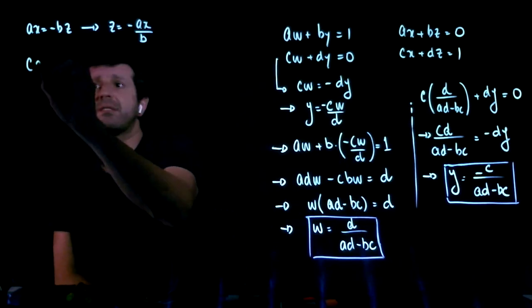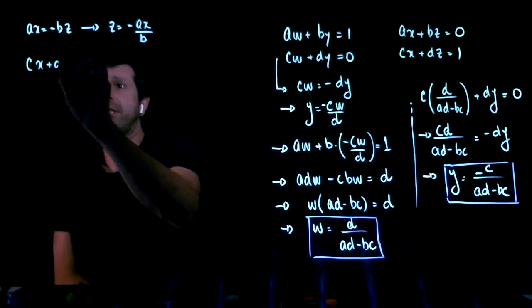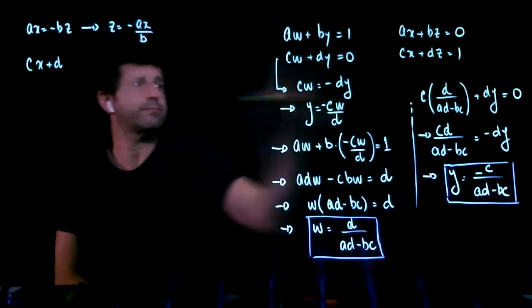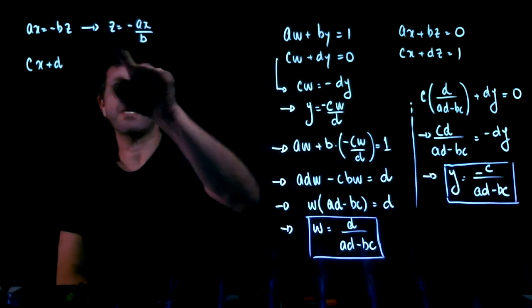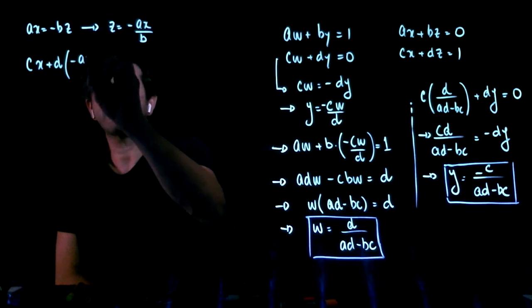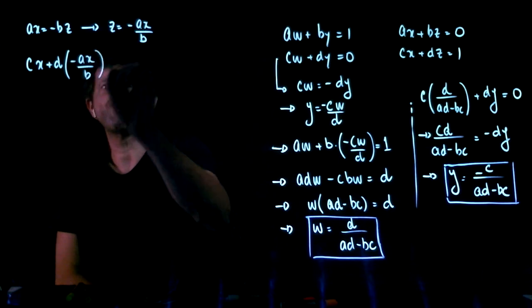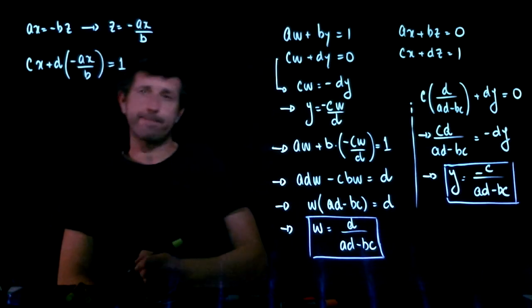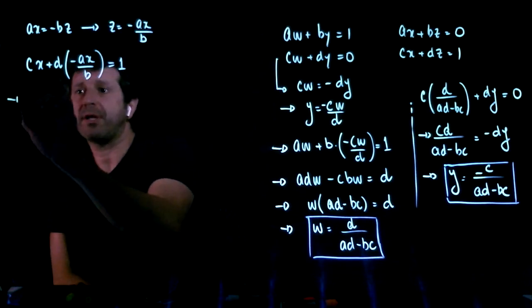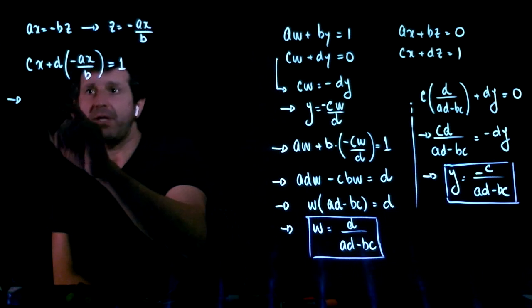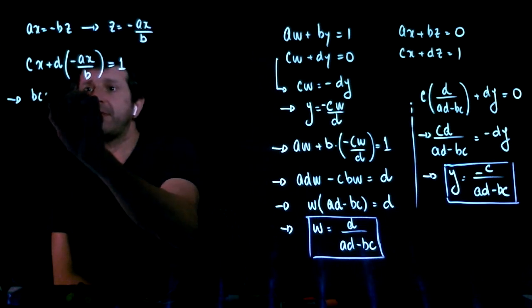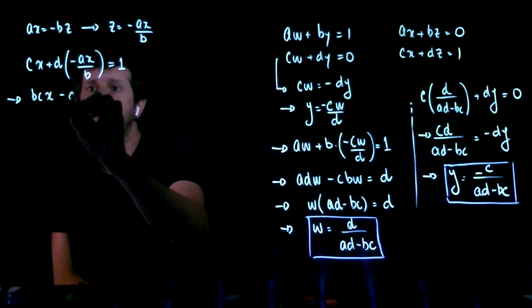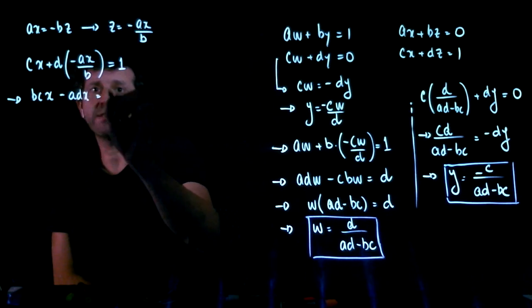And I get CX plus D times Z, which is negative AX over B, and that is equal to 1. Okay, let's multiply both sides by B. So I get BCX minus ADX is equal to B.